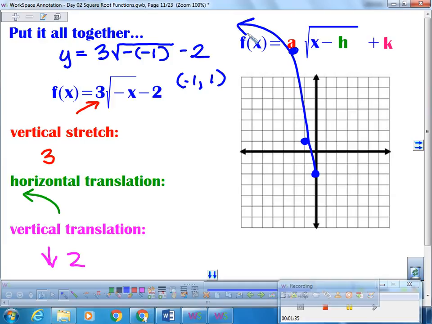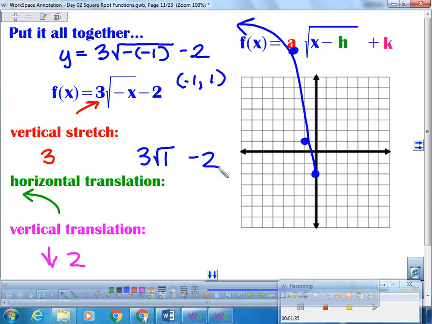Okay, I'm going to read it to you. This is saying 3 times the square root of a negative x, minus 2. Does that make sense? So when I read it to you like that, it's saying 3 times the square root. Well, if I substitute in a negative 1, I get a positive 1.